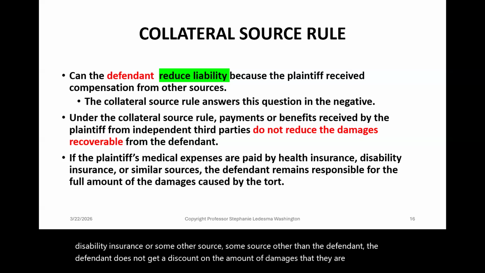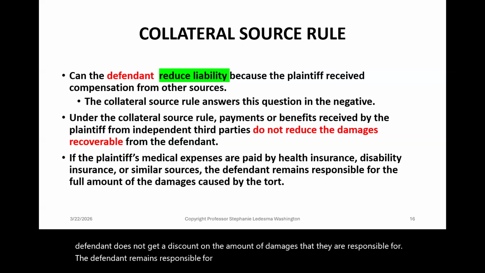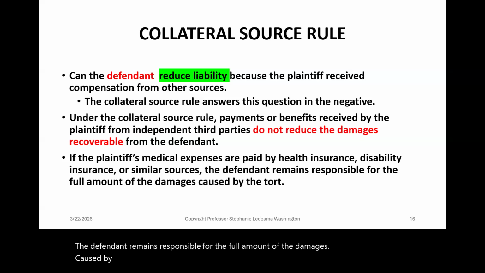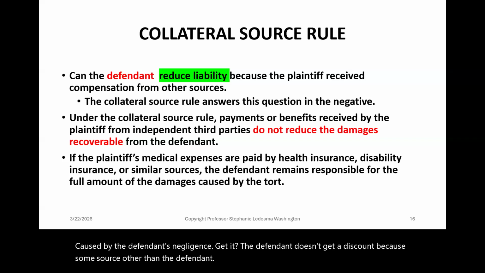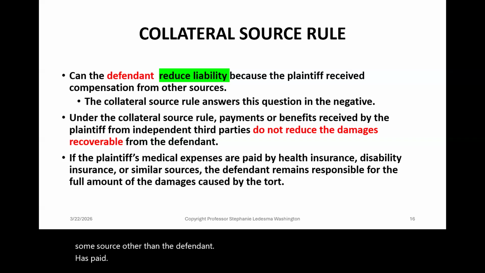The defendant remains responsible for the full amount of the damages caused by the defendant's negligence. Get it? The defendant doesn't get a discount because some source other than the defendant has paid some part or even all of a damage recovery, right?